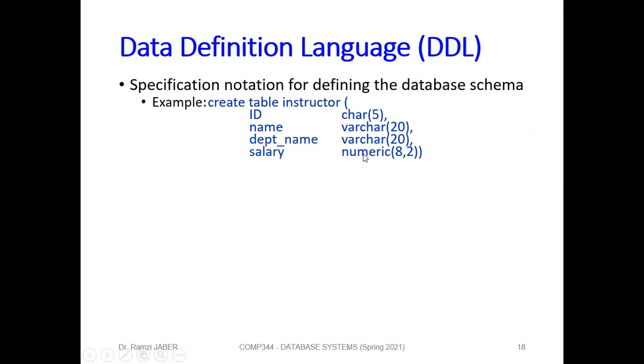In numeric or integer, it's a fixed length that is stored in memory. Only varchar is dynamic, not fixed. This is an example of how to use the DDL language inside the database.